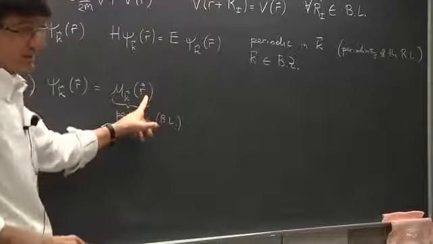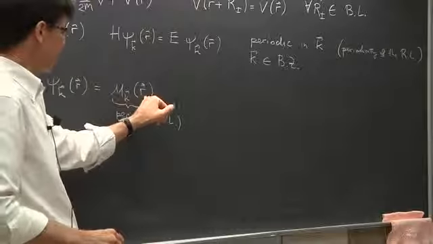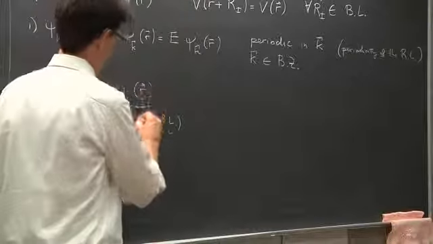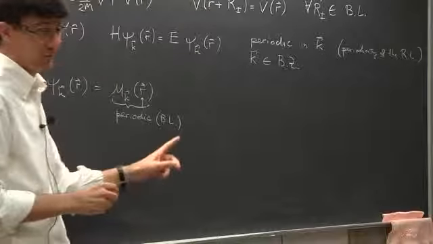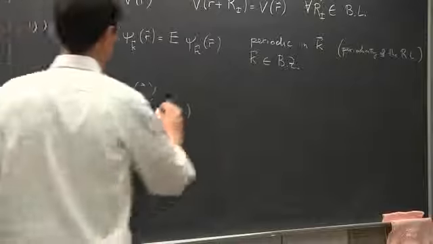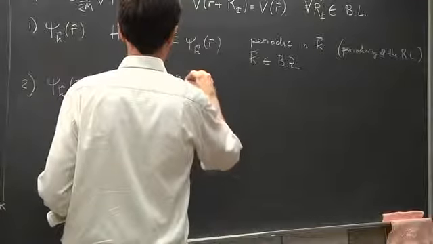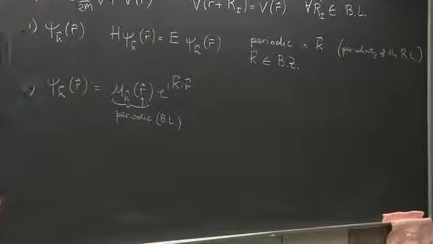As a function of r it is periodic, and it's also a function of k, but the important statement now is that as a function of r it is periodic, and therefore has the periodicity of the Bravais lattice, times a phase.